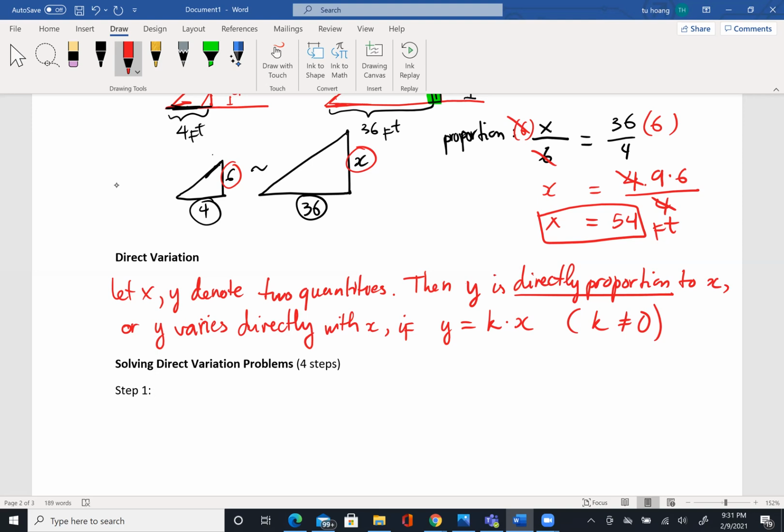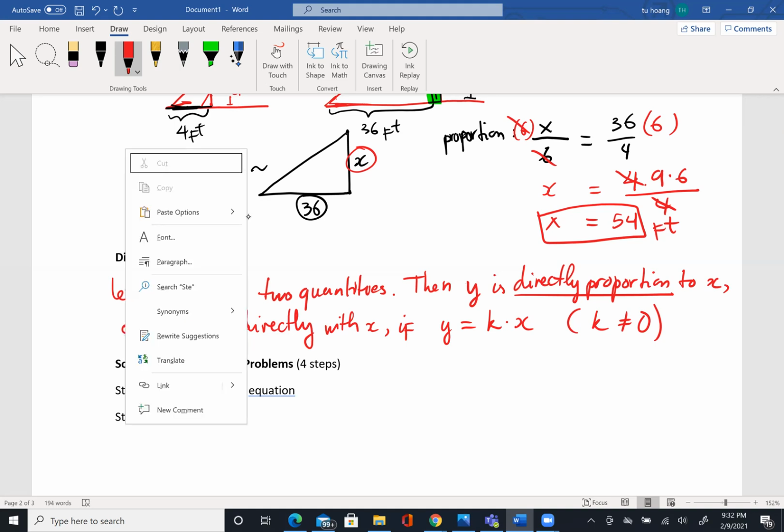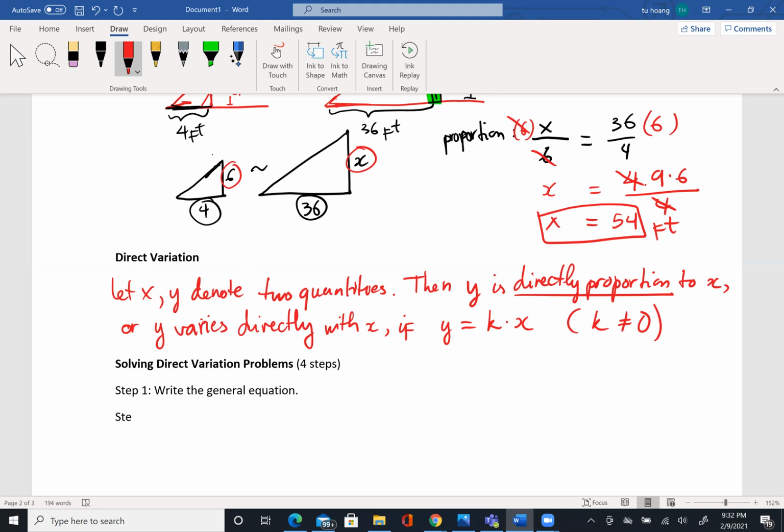Step 1, write the general equation. Step 2, substitute given values to solve for k.